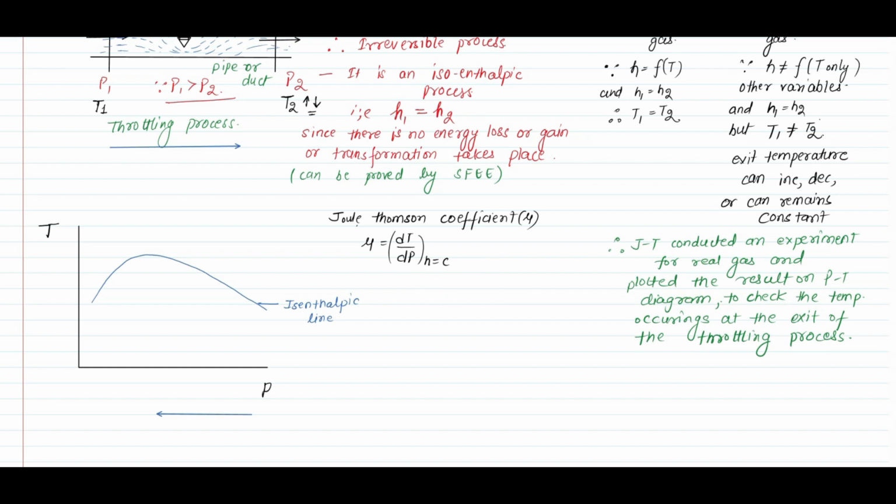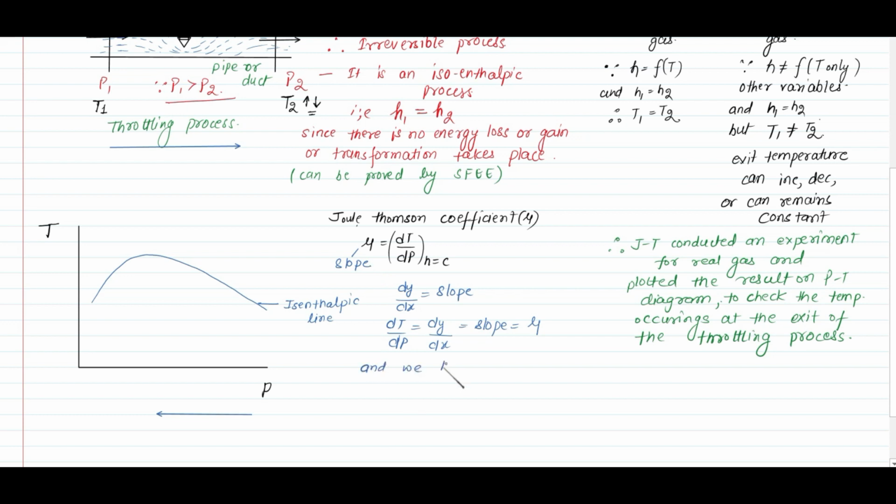In any diagram, like in an xy diagram, we know that dy by dx is equal to slope. So by seeing this diagram, dT by dP is equal to slope, which is equal to mu, meaning the Joule Thomson coefficient. Mu is represented as a slope, which is equal to dT by dP.